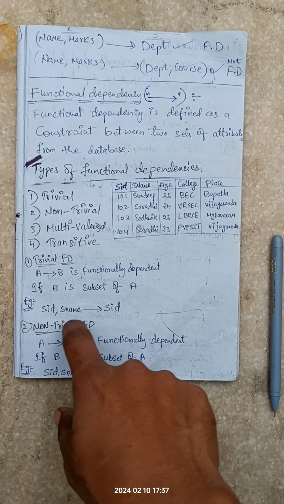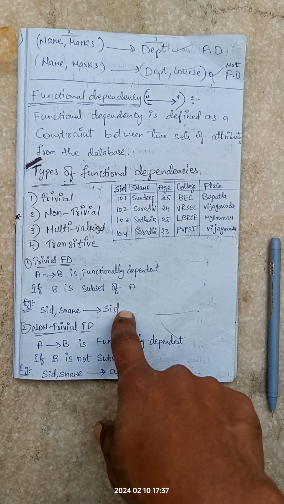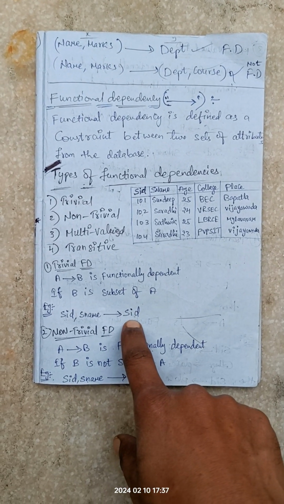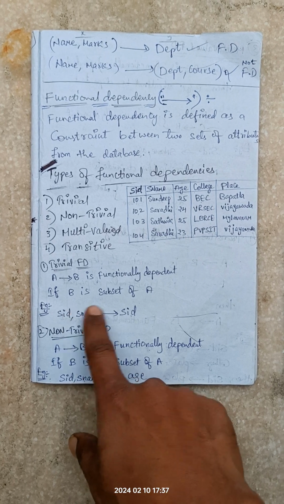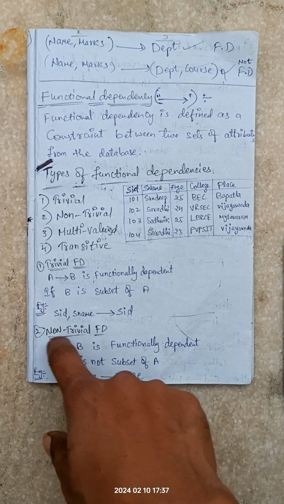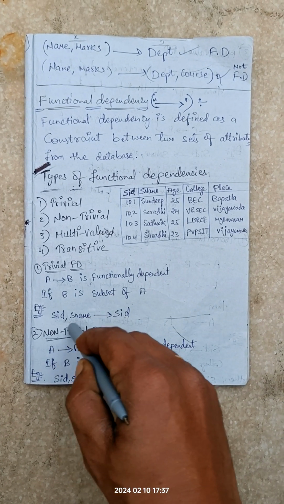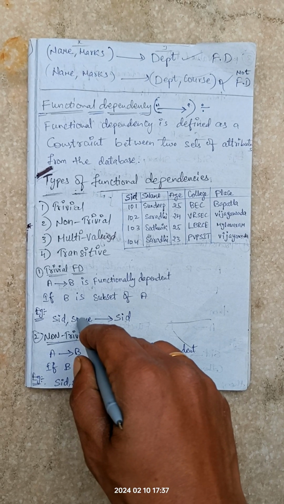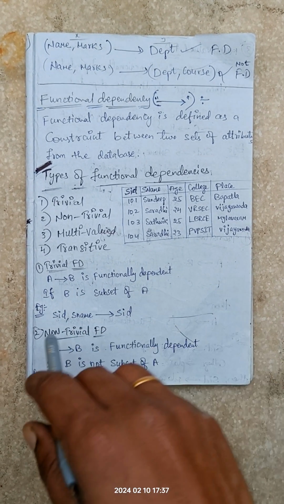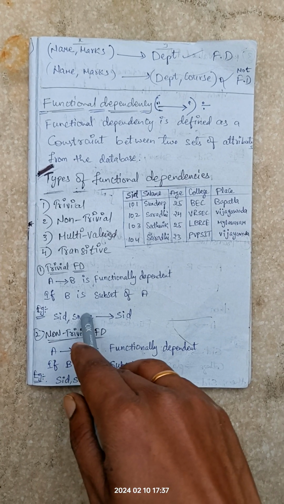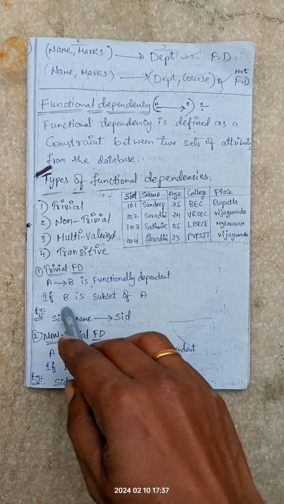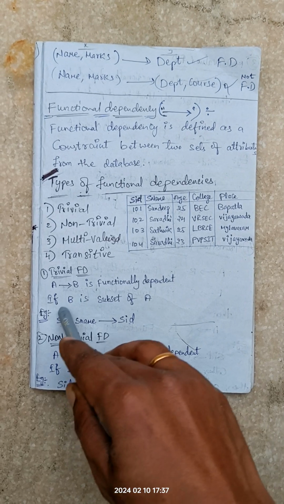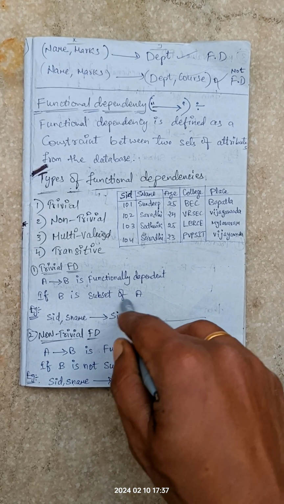If this is A and this is B, without B there is no A, right? Without B we cannot form A. So B is the part of A. We are considering these two attributes together, student id comma student name, as A. This is A, this is B, so B is the part of A, right?